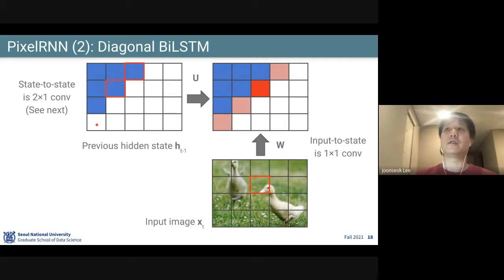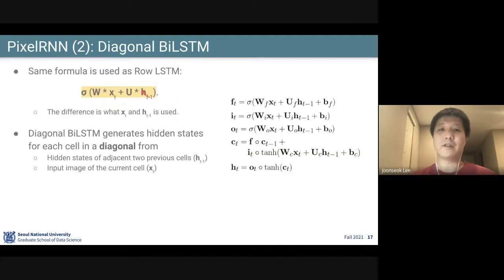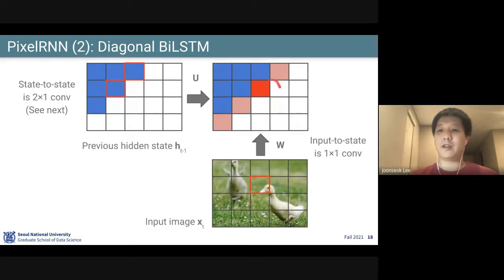Diagonally, starting from the top left corner until the bottom right. For this one, for example, they refer to the pixel right above it and the pixel right to the left of it. These 2 are considered its previous hidden states, so those two are the h_{t-1}, and x_t is the actual pixel corresponding to that region.